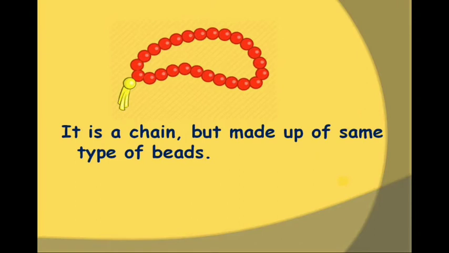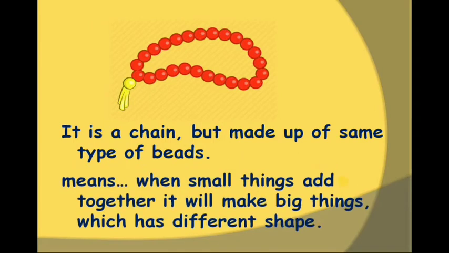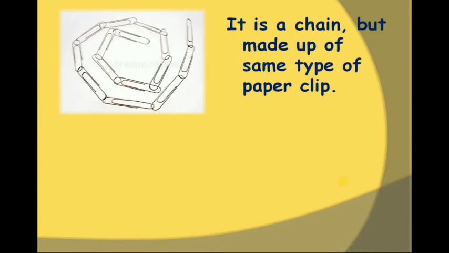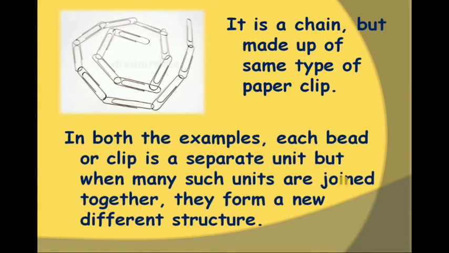In the first, it is a chain made up of small spherical beads. These small things add up together and form a big thing with a different shape. Like this, paper clips also combine, attached one to another, and form a linear chain-like structure.